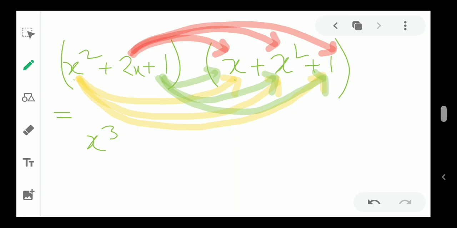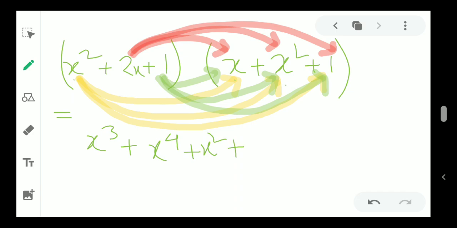The next term will be x square and x square. So 2 x's are multiplied here and 2 x's are multiplied there, so 4 x's are multiplied all together. So it will be x to the 4. And then x square with 1, that is x square.